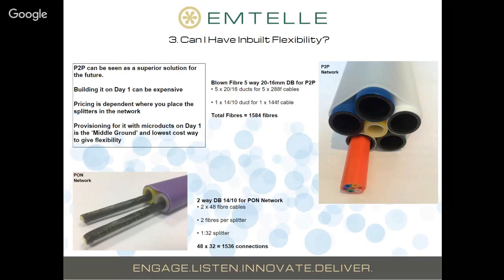If you put some additional duct capacity in there on day one when you build a PON network, if you want to change over to point-to-point networks in the future, you can then add your additional fibre capacity to give you that point-to-point solution.